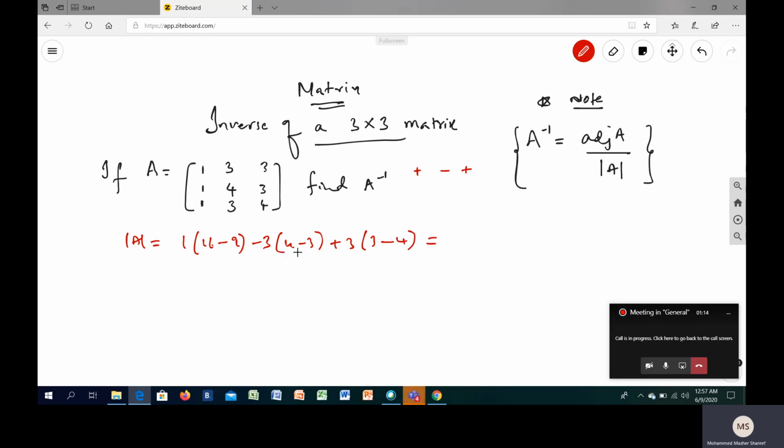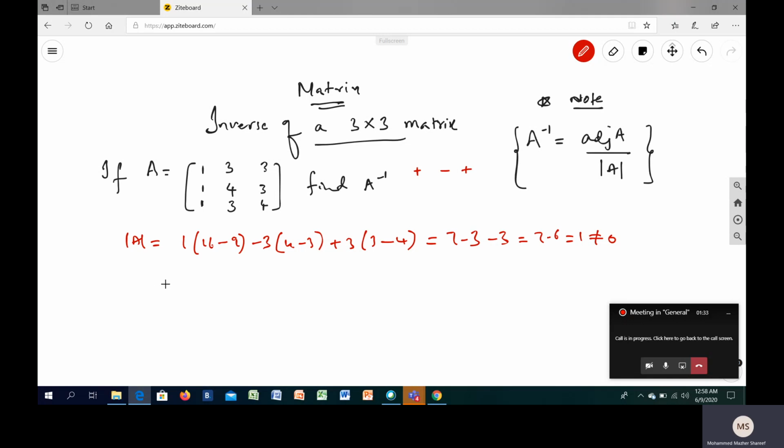Ultimately it is 7 minus 3 minus 3, which gives me 1. So the answer is 1, a non-singular matrix, therefore the inverse exists. That is what we check in the initial stage of finding the inverse.